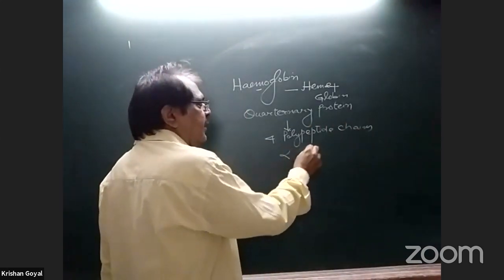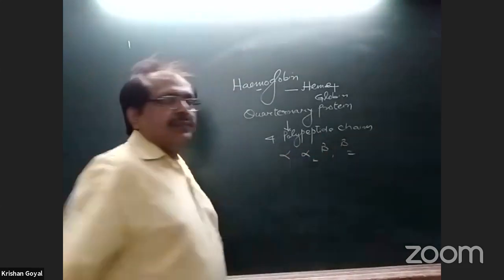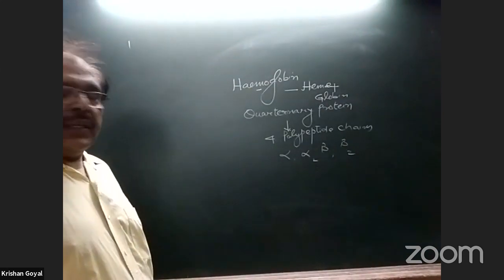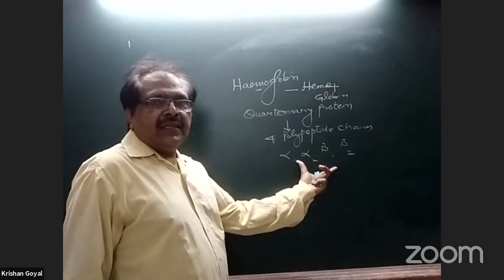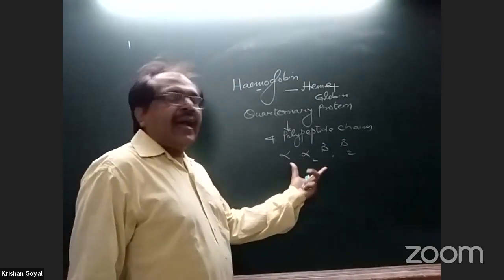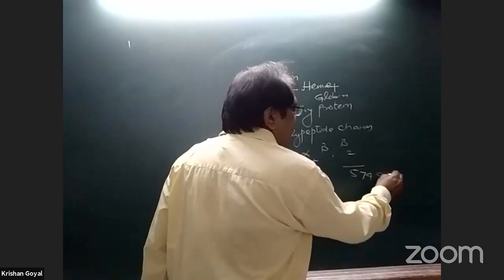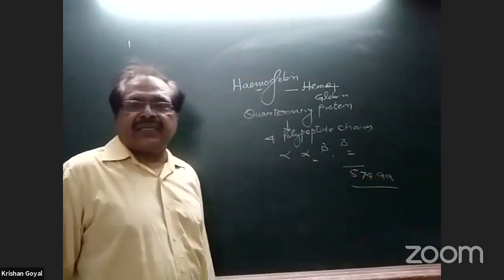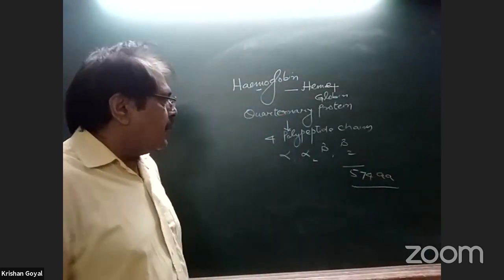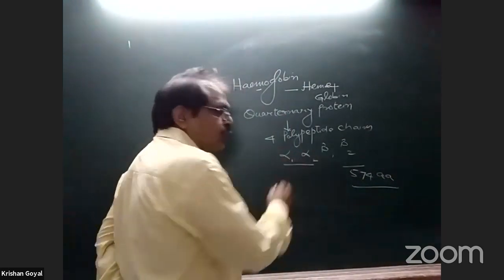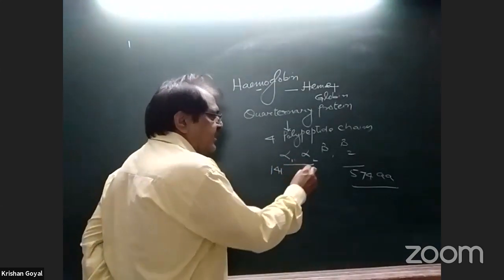Alpha 1, alpha 2, beta 1, beta 2. All these 4 chains collectively are made up of 574 amino acids. Very important question, it was asked in 2016. Alpha 1 and alpha 2 are made up of 141 amino acids each.